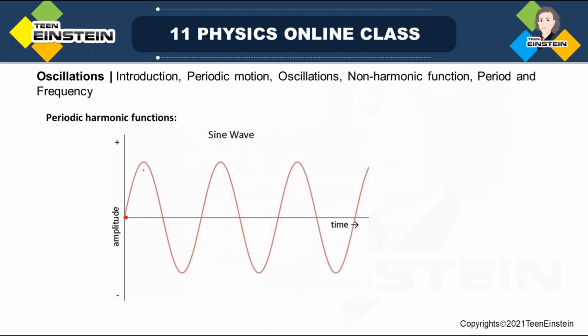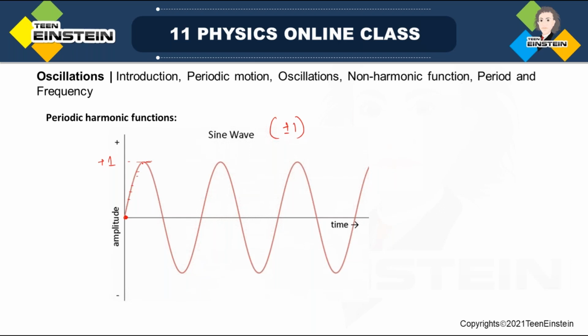This goes from zero all the way up to the maximum value, positive one, because sine has extremum values of plus and minus one.